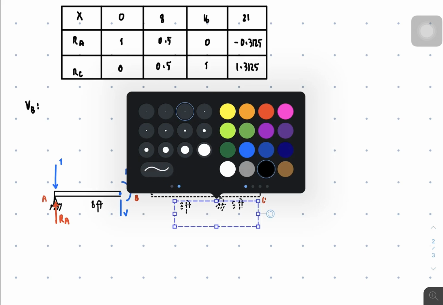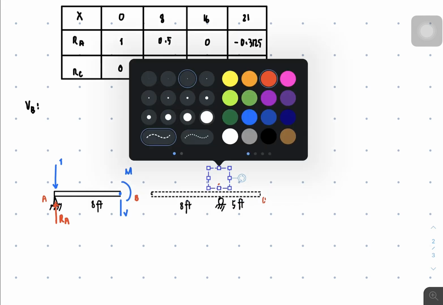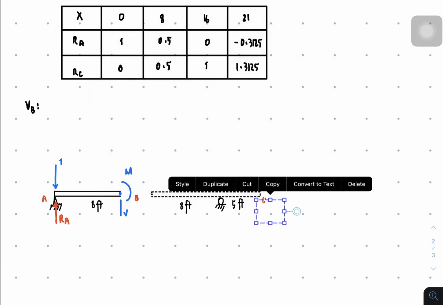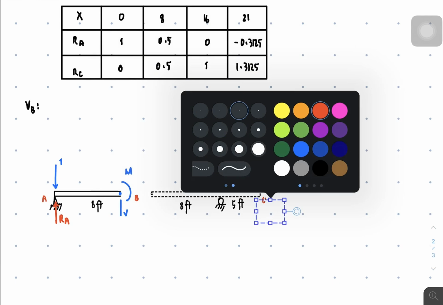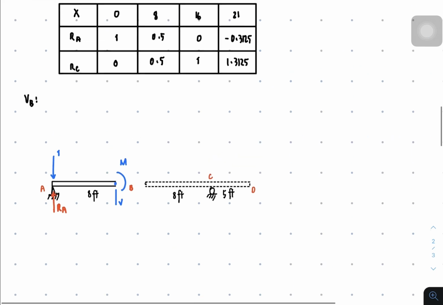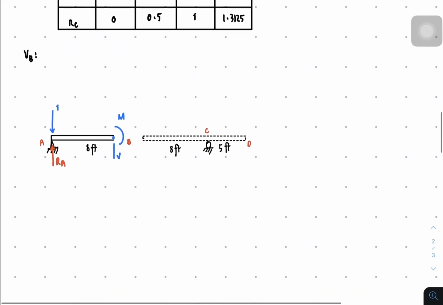So I just place a broken line for that so that at least you have a reminder that it's no longer part of the section. Okay, so what we're going to do now is remember the values of RA. So we will now be solving for shear.